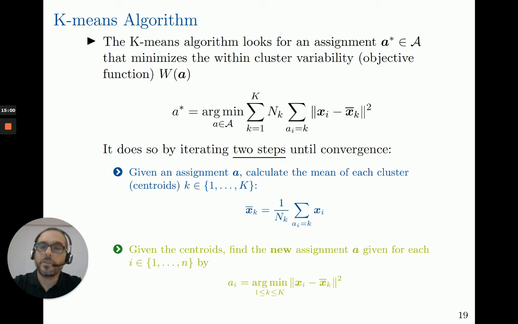And we continue iterating these two steps until convergence, until our cost function does not change anymore. So it looks like the target is the centroid, right? We want the observations to be close to the centroid of the cluster.